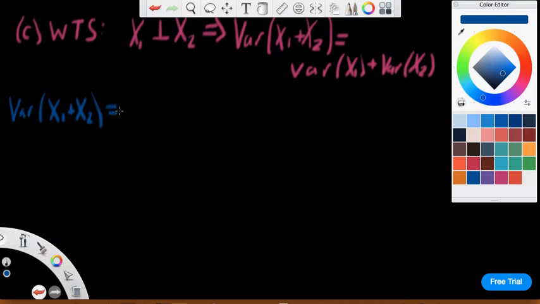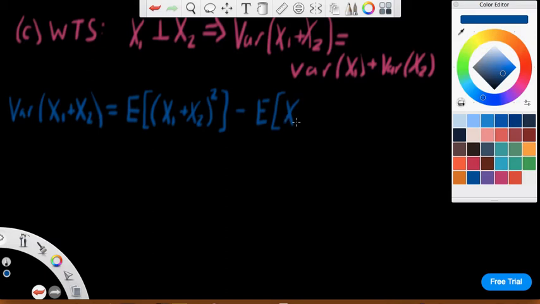So we've shown, first in part A, that this is in fact equal to the expected value of the square of x1 plus x2. The sum of two random variables is a random variable. Subtract the expected value of the random variable, everything squared.